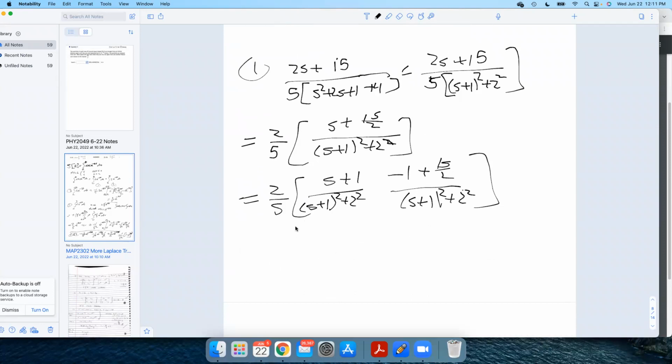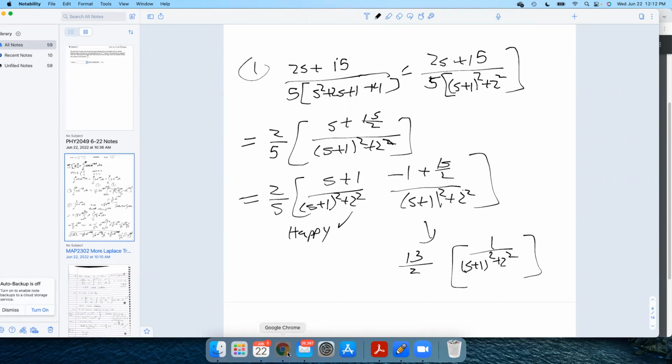Okay, so this guy here, I'm happy. Got to play with this one. So I'm just going to work with this one here. Let's see, that's negative 2 over 2. That's 13 over 2 times 1 over s plus 1 squared plus 2 squared.